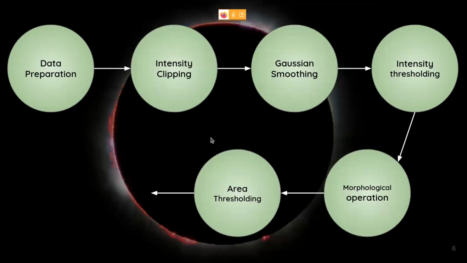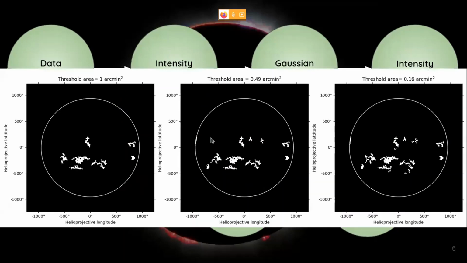We had a reference area of 1 arc minute square to select a threshold area. But when we tried the threshold area of 1 arc minute square for this SDO AIA data, a lot of the plages were eliminated. As you can see around the disk here, this plage has not been calculated. Okay, there's a lag with the mouse.